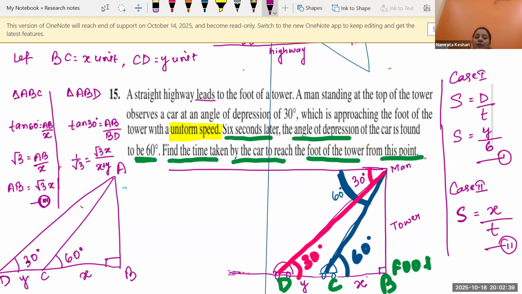We have 1 by root 3 is equal to root 3x by x plus y. We will do crisscross multiplication. We'll get x plus y is equal to root 3 multiplied with root 3x. x plus y is equal to root 3 into root 3, which is just 3x, making sense?